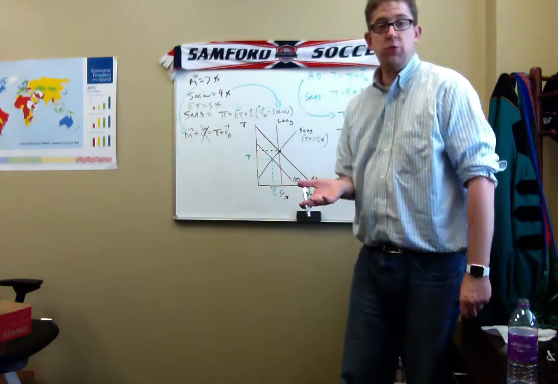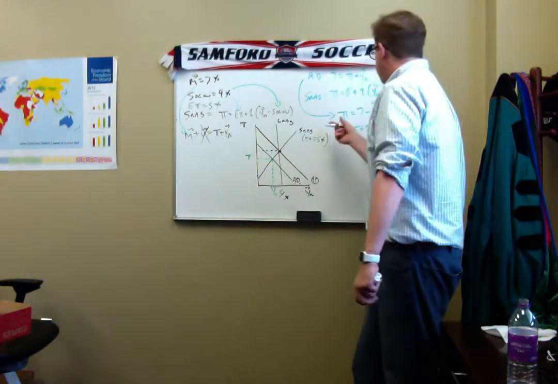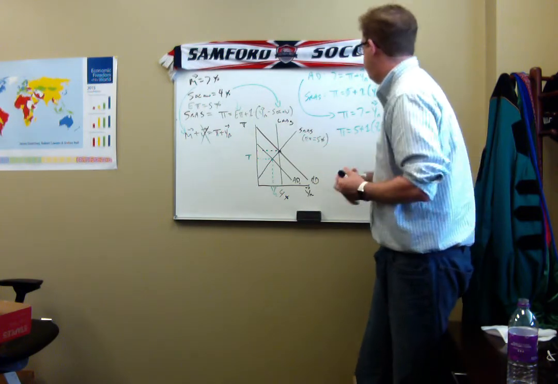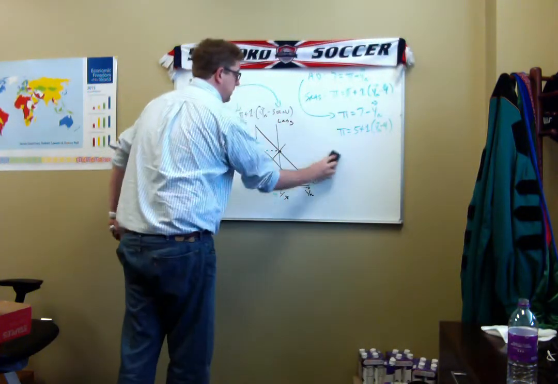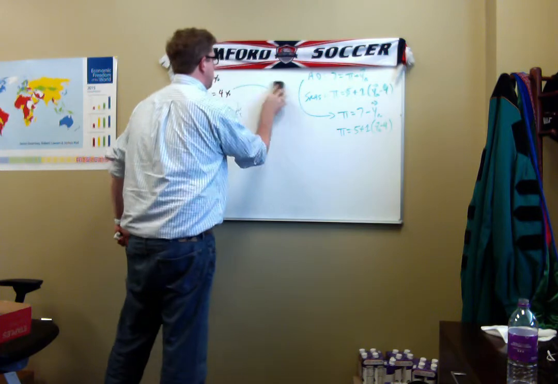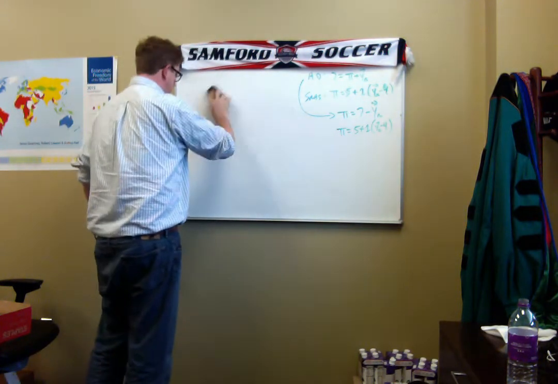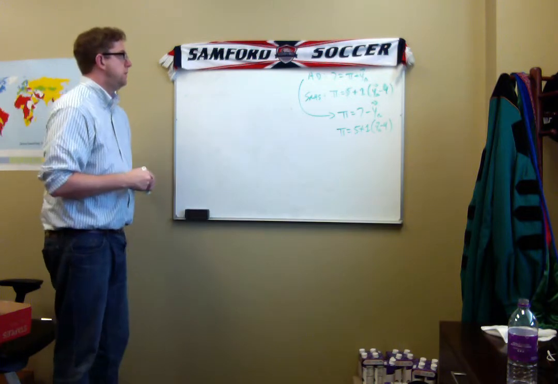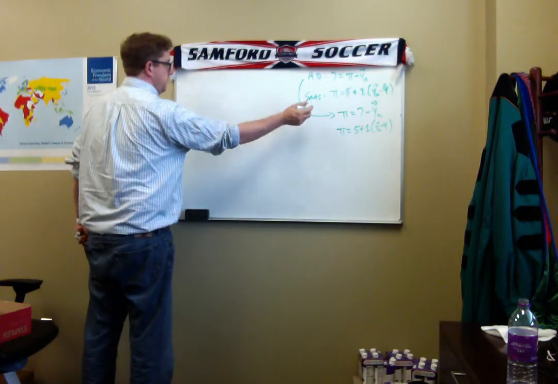And at this point, it's actually relatively straightforward. We set these two things equal to each other. We solve for y. Then we use that y to figure out what the inflation rate is. So just for the sake of completeness, let's go ahead and do that. So we're going to move all this over here.